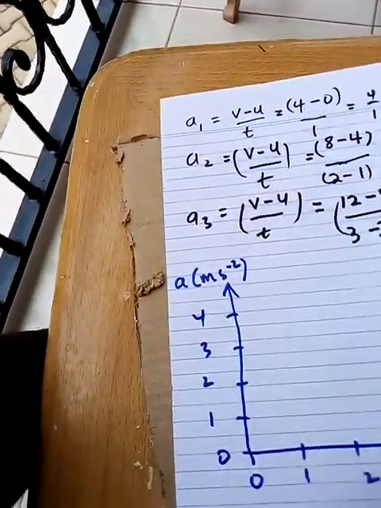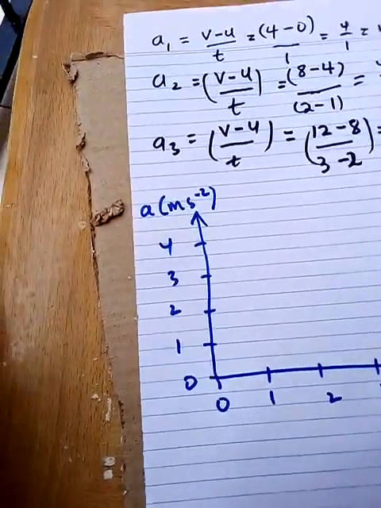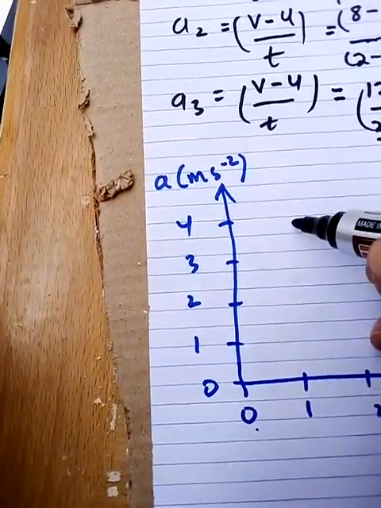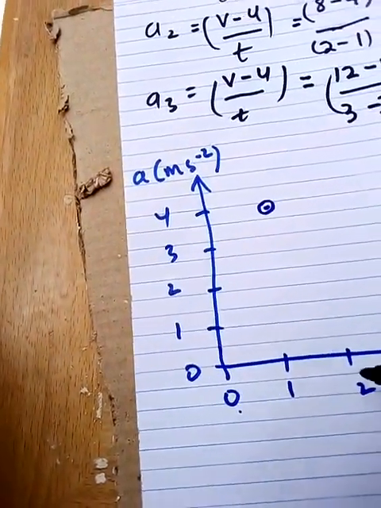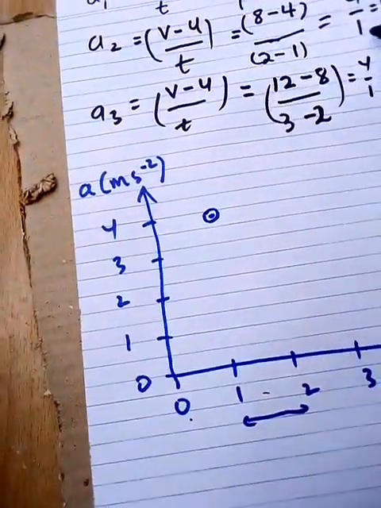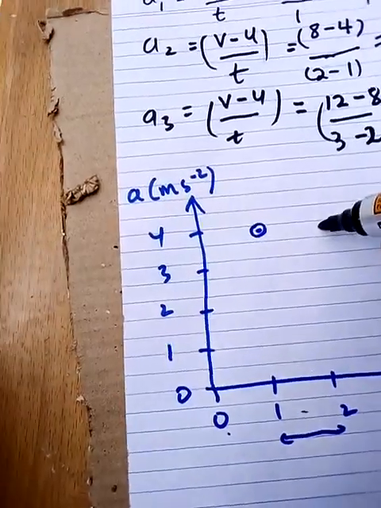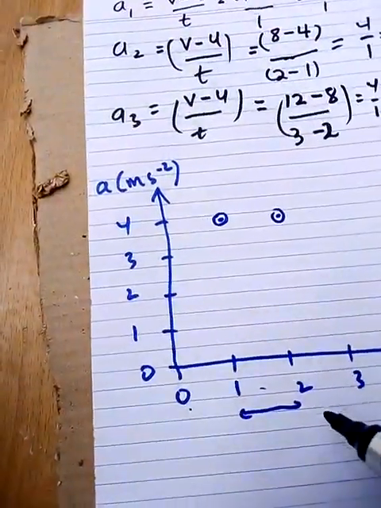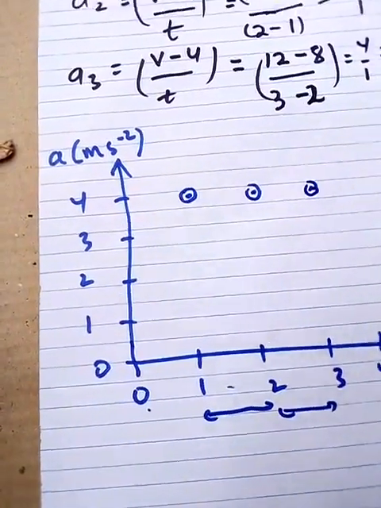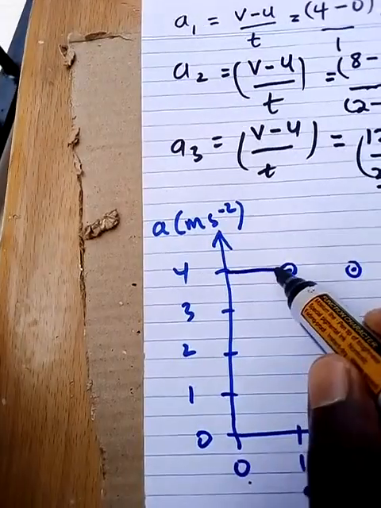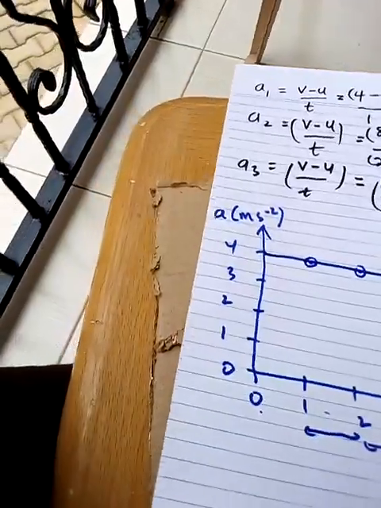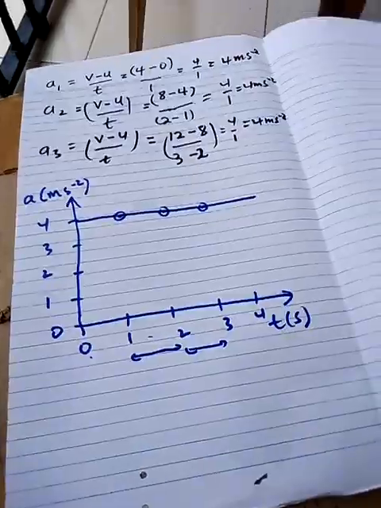For the first second, the acceleration is 4. This is the point plotted. The second second, acceleration is still 4. We plot there. The third second, acceleration is 4. When you draw a line to join these points, it's a straight line parallel to the horizontal axis, the time axis.